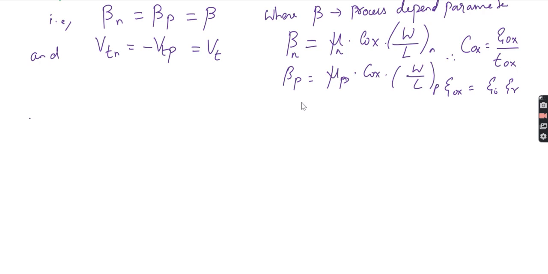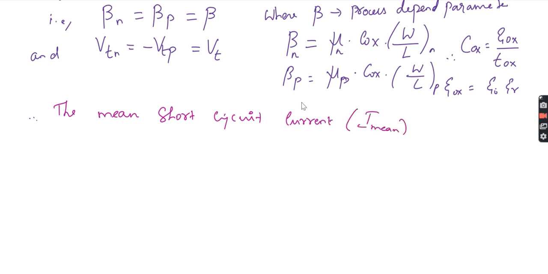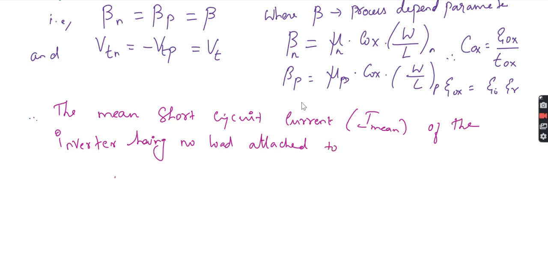So let us find the mean short circuit current of the inverter having no load attached. So let us write I_mean.